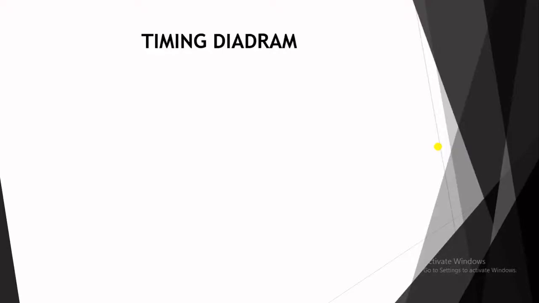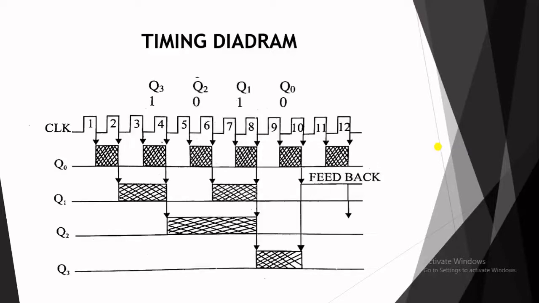The outputs Q0 to Q3, the outputs of the 4 flip-flops, are given to the AND gate to clear the pulse at the 10th count, because at the 10th pulse the output would be 1 0 1 0. It means Q0 is 0, Q1 is 1, Q2 is 0 and Q3 is 1.